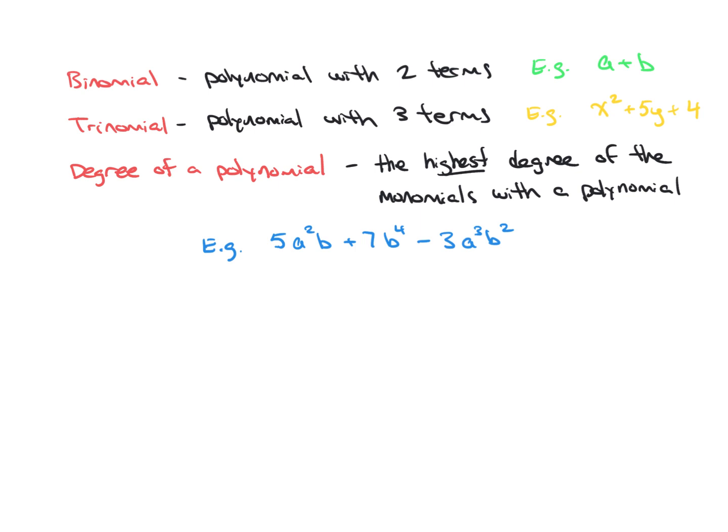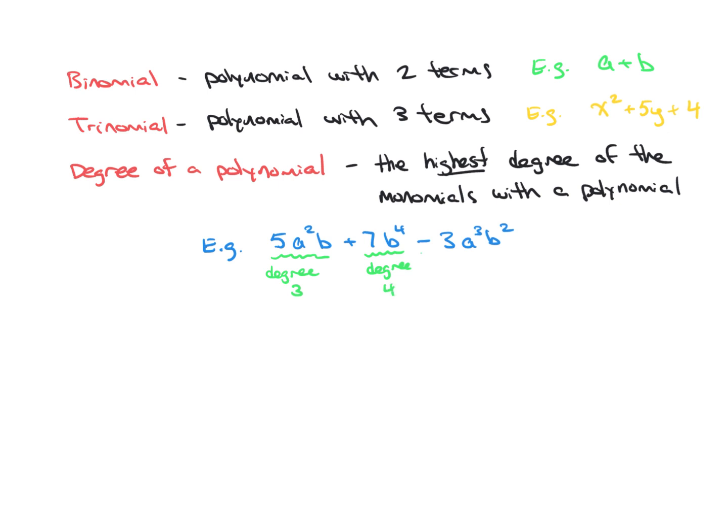Okay, so each one of these terms, I'm going to look at its degree. So for the first term, the degree of this term is 2 plus 1, which is 3. Okay, a squared and then b to the 1. They add up to a degree of 3. The second term by itself has a degree of 4. There's only one variable there, b, and it has exponent 4.